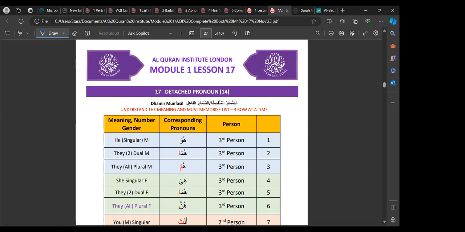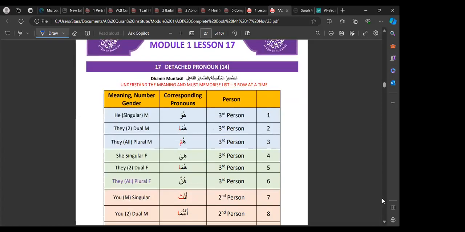Okay. And we'll start with the Arabic, inshallah, and then we'll go through them. So first, we want to learn this in this order. When you learn the detached pronouns, you want to learn this order. It's the same order as the attached and the other tables that we will come to. So make sure you memorize in the same way. So Bismillah.